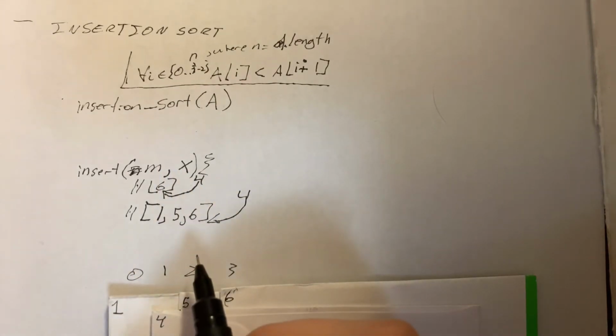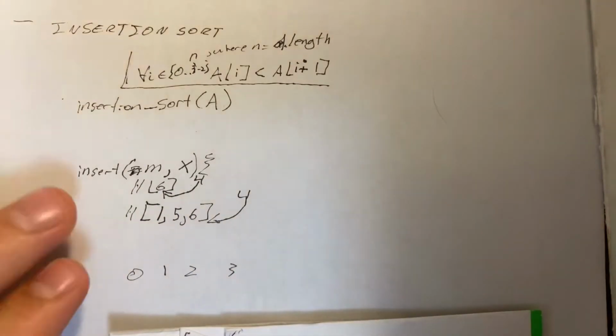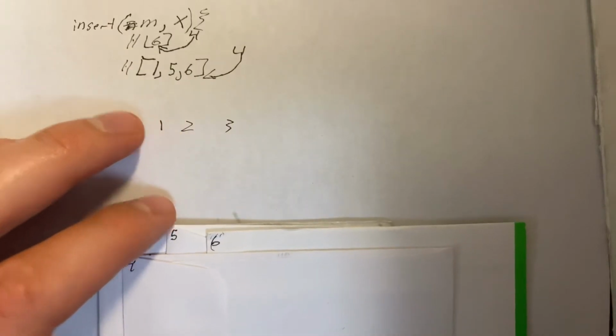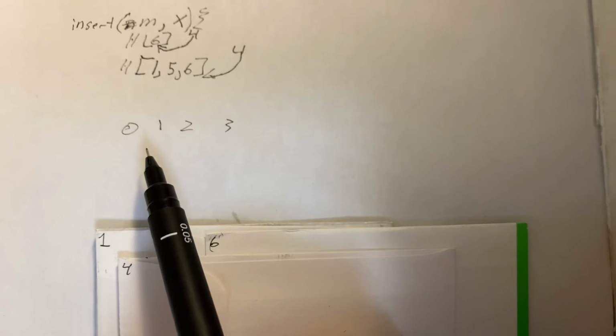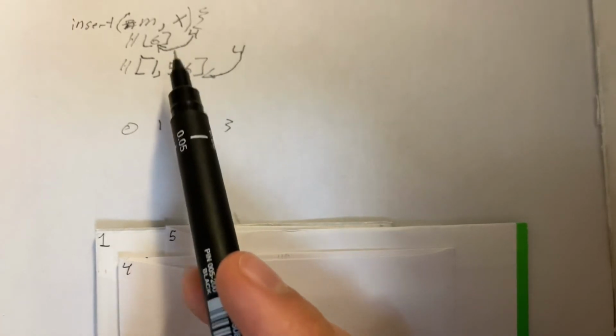So what we're going to do is a loop. Well, first we need to figure out which index to place m at, and which index to place x at.